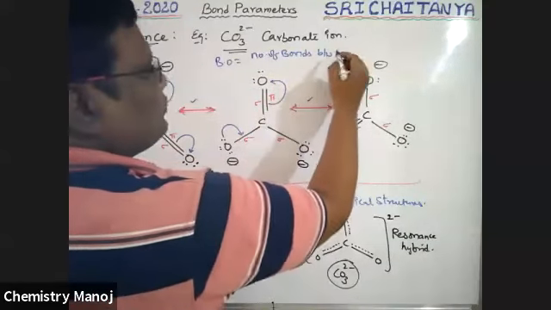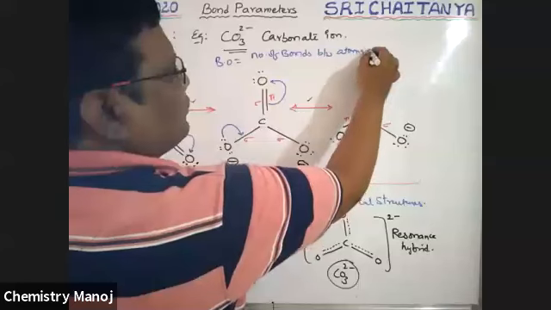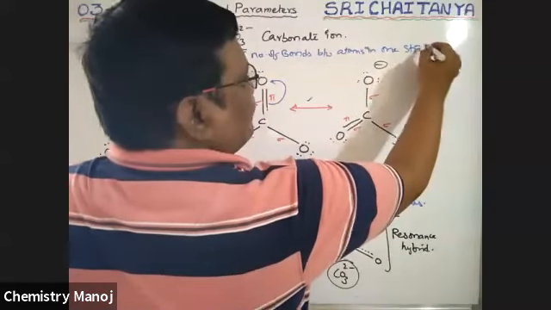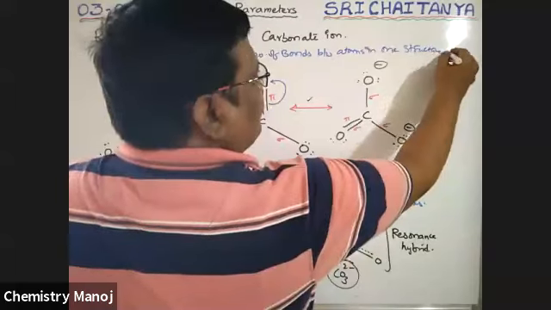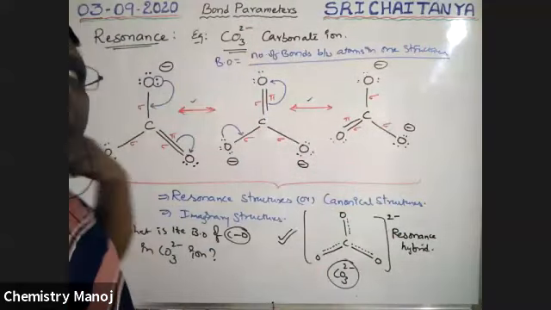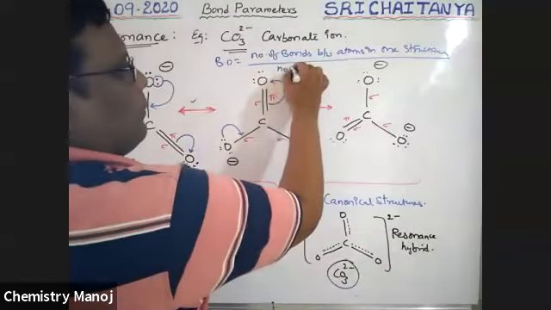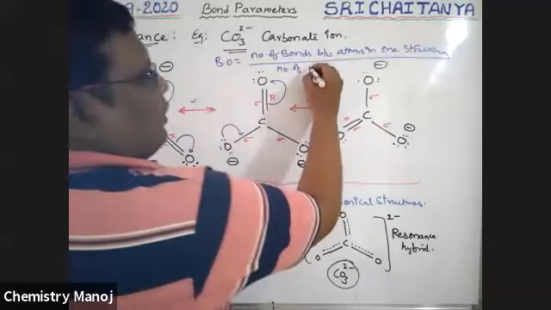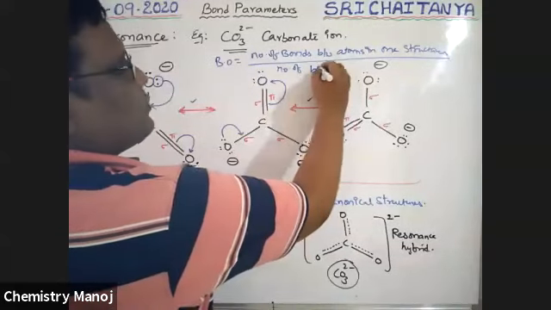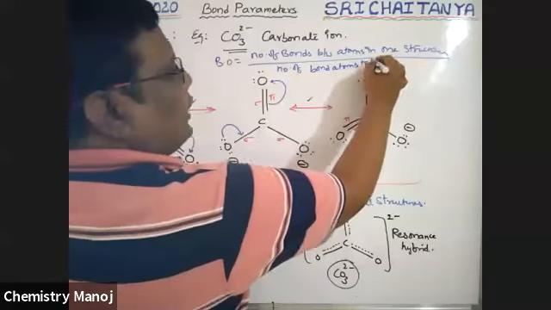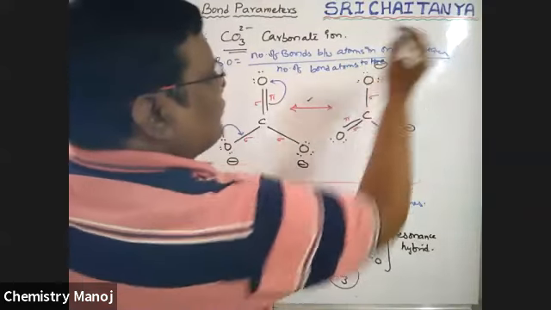Bond order is equal to the number of bonds between atoms in one structure by the number of bonded atoms to the central atom.